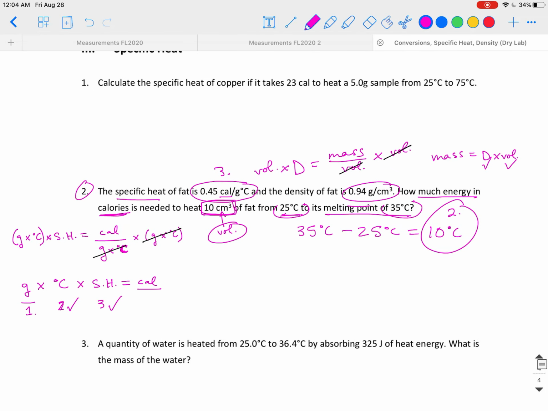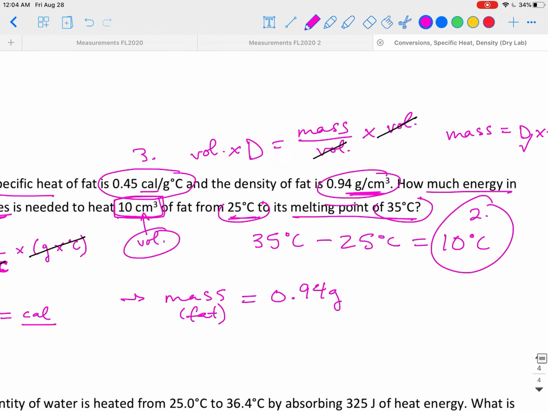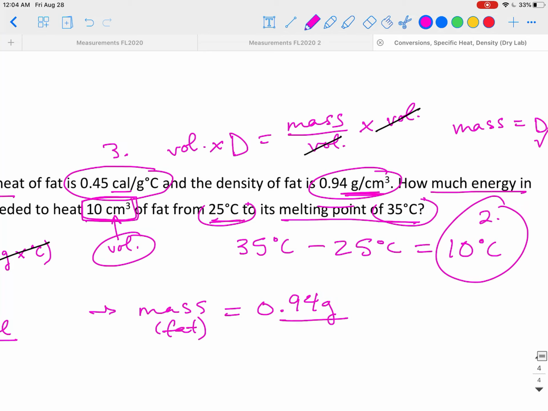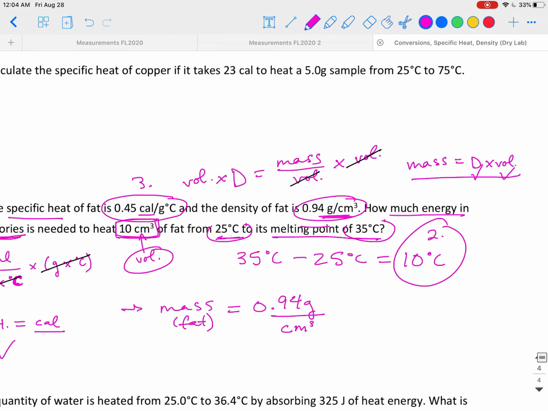So I'm going to take my density, which was 0.94 grams per cubic centimeter. Mass of fat equals, I'm going to plug in the density, 0.94 grams. And remember, things that are written with a little slash, I encourage you to write them as an actual fraction with a numerator and a denominator. So that's gram per cubic centimeter. And what does my equation tell me? Multiply by the volume.